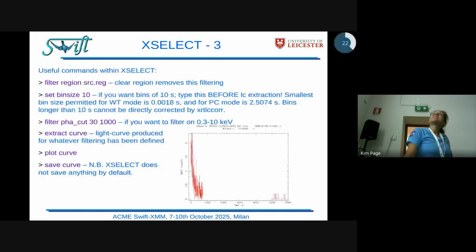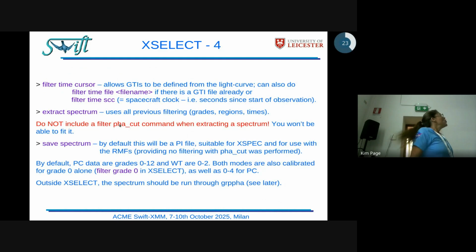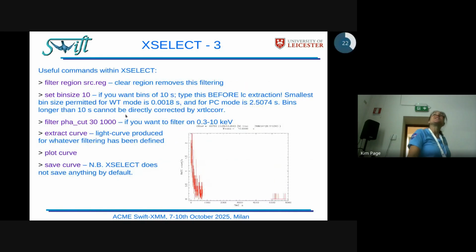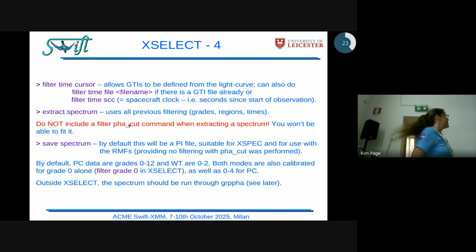So we extracted a light curve back here, and for that we did this energy cut. However, now we want to extract a spectrum. Make sure you don't have an energy cut there. If we'd done it for the light curve, we said filter PHA cut. We would now want to clear the PHA cut before a spectrum.